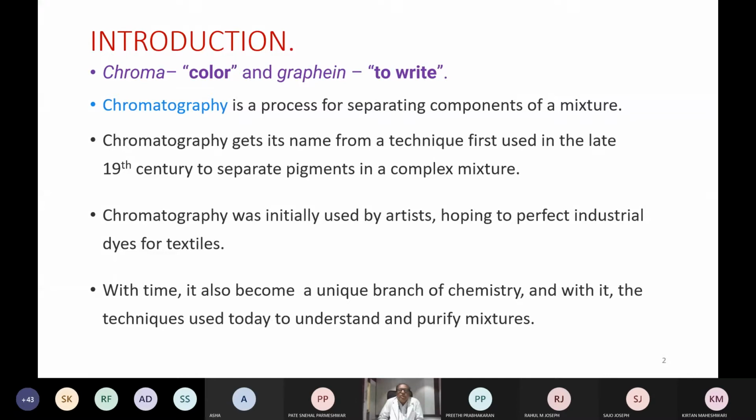It is a process for separating the components of a mixture, and it gets its name from a technique first used in the 19th century by artists hoping to perfect industrial dyes for textiles. At that time it became a unique branch of chemistry, and nowadays it is widely used in chemistry, biochemistry, and also in pharmaceutical companies.